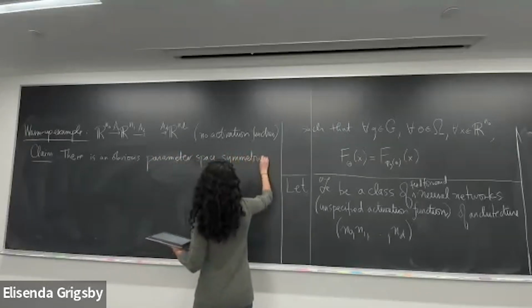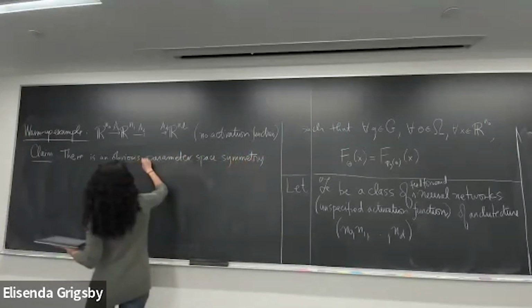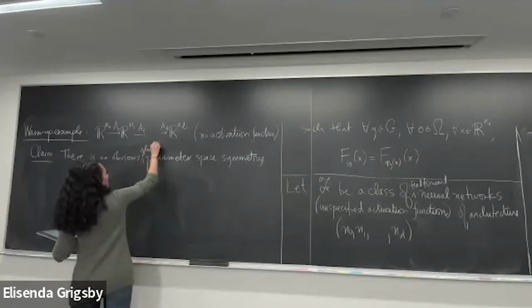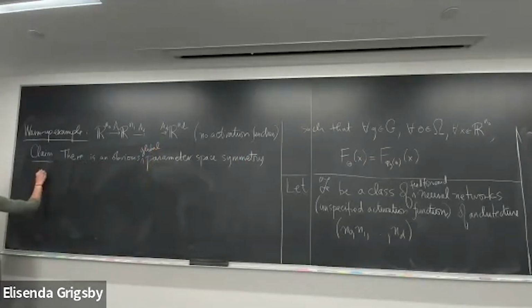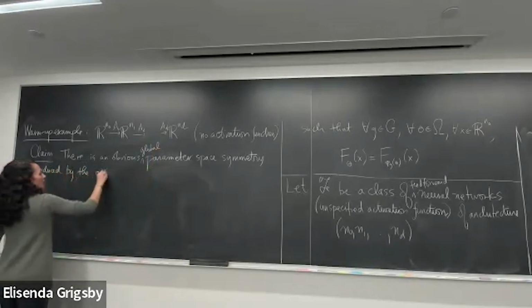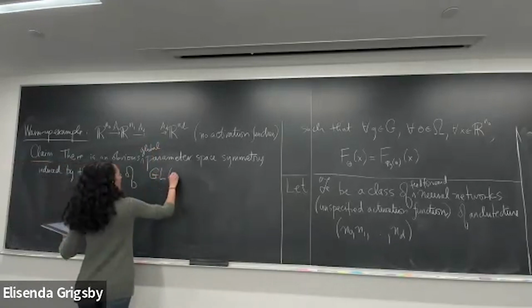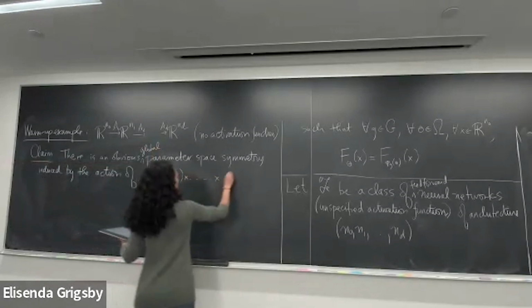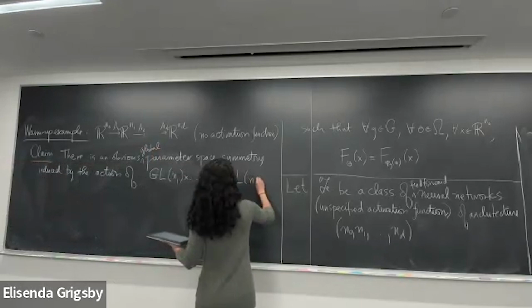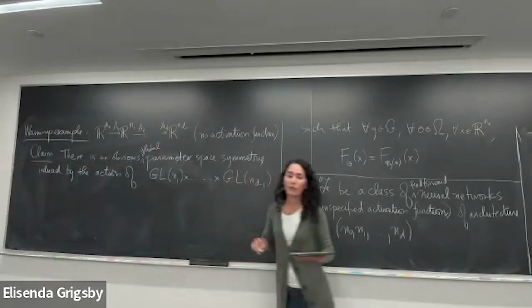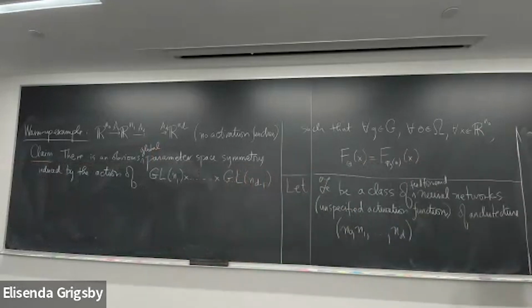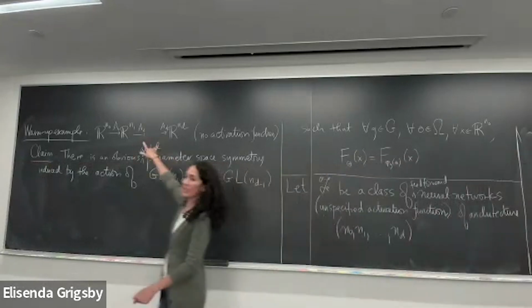There's a global parameter space symmetry induced by an action of GL n1 plus through GL n_{d-1}. So this action is a change of basis action on each of the hidden layers.